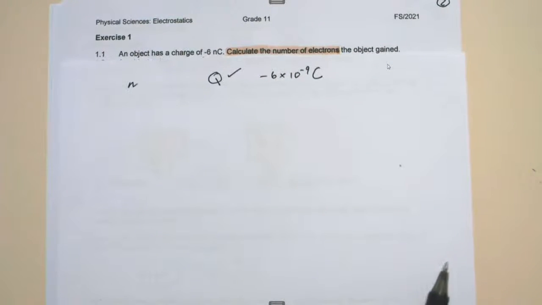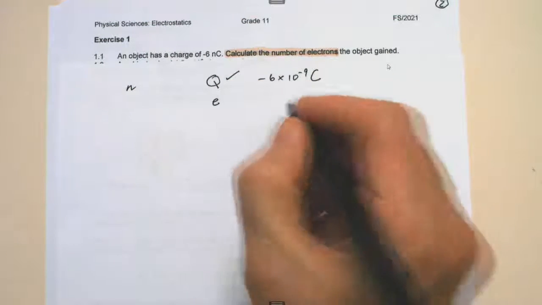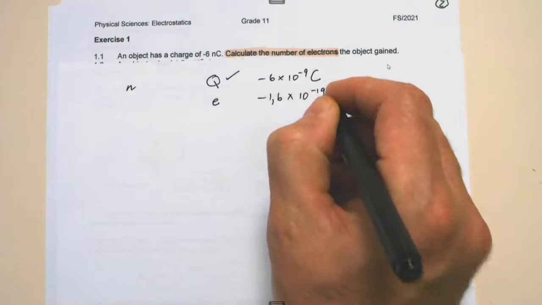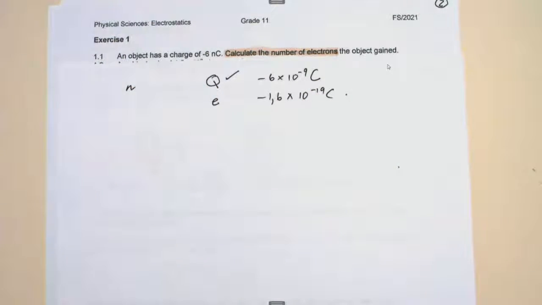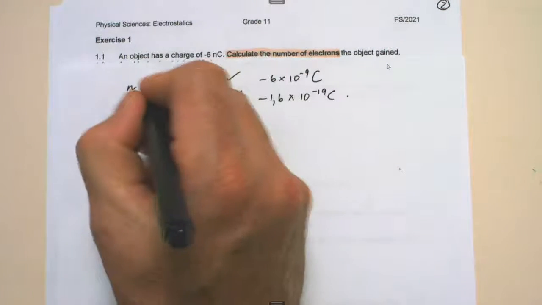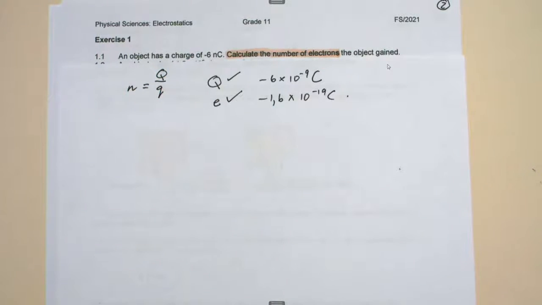And then you will agree with me, I also have the charge of an electron on my data sheet, -1,6 times 10 to the power -19 coulomb. My formula, having these two quantities, that will work perfectly, would be the formula that I get on my data sheet.